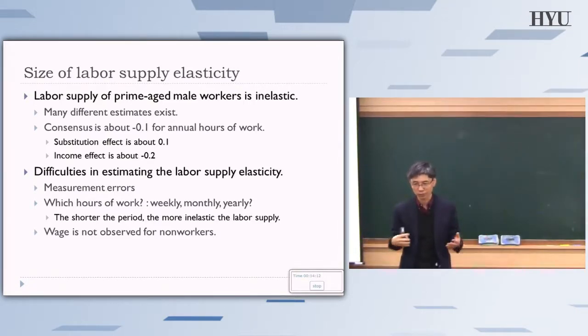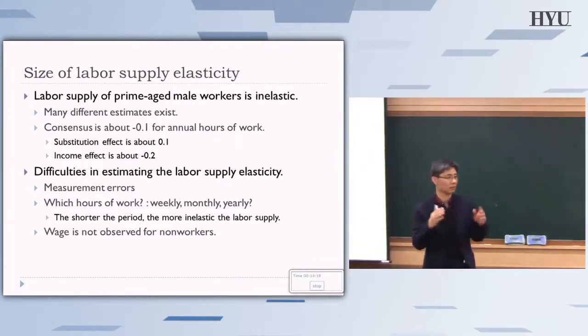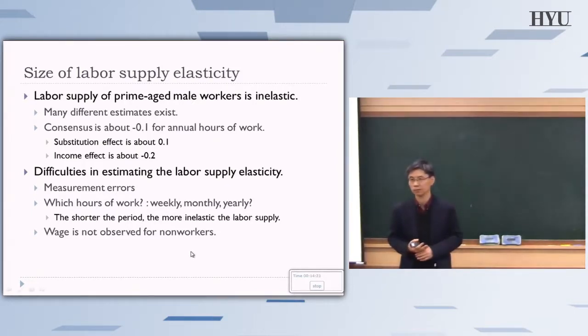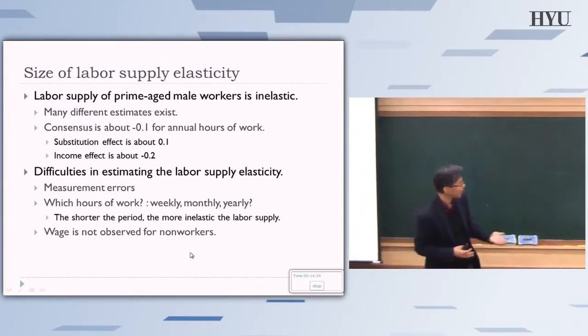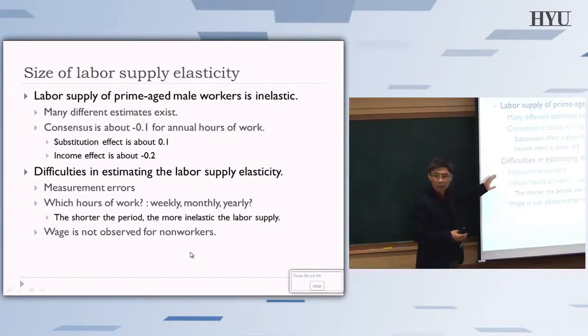Is it okay to exclude them? Probably if they are a very small portion of people, it's okay. But if it's a substantial portion of people not working, then that can be a problem. For men, it is actually a smaller issue, because more than 90% of prime-age males do work.